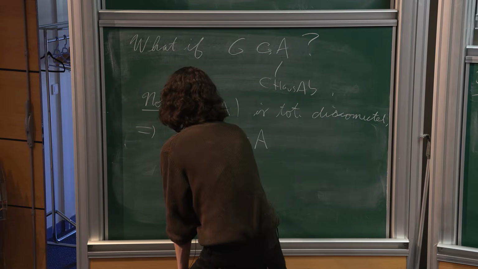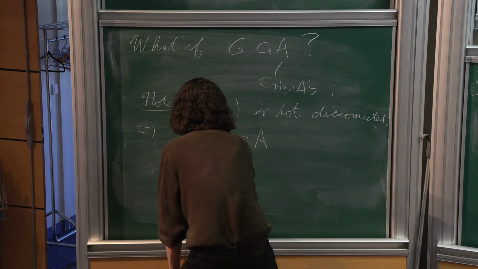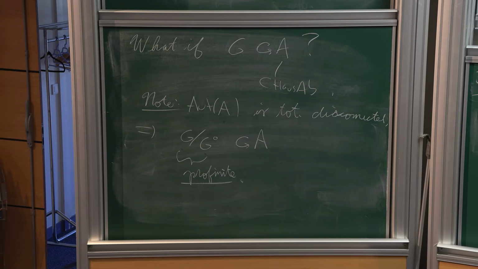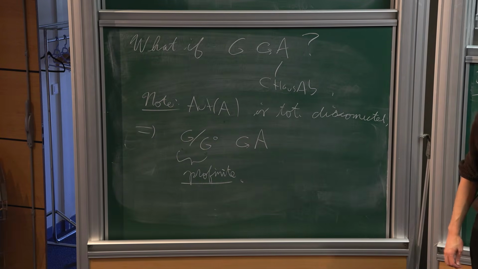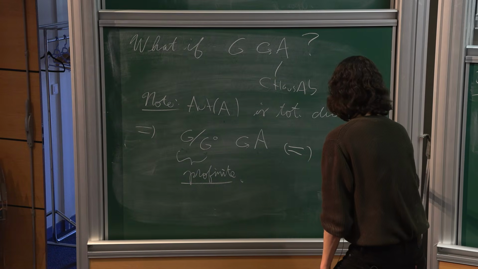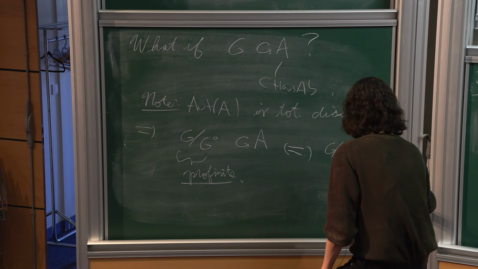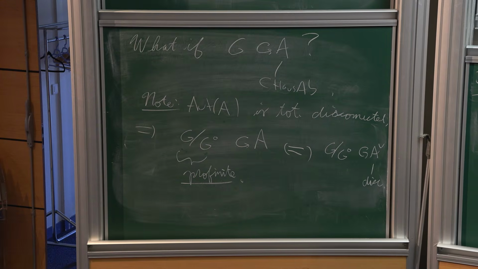And this is a profinite group here. So all of your coefficient systems come from a profinite group acting on a compact Hausdorff group. But by Pontryagin duality, that's also the same data as a profinite group acting on a discrete group, which is exactly this classical situation that we were talking about before.